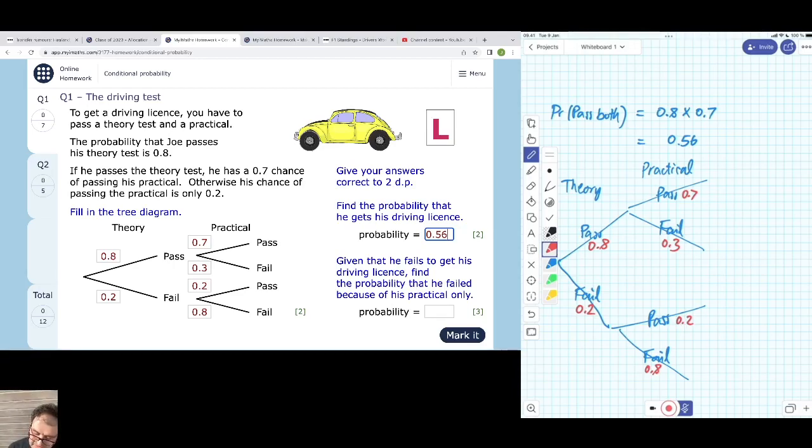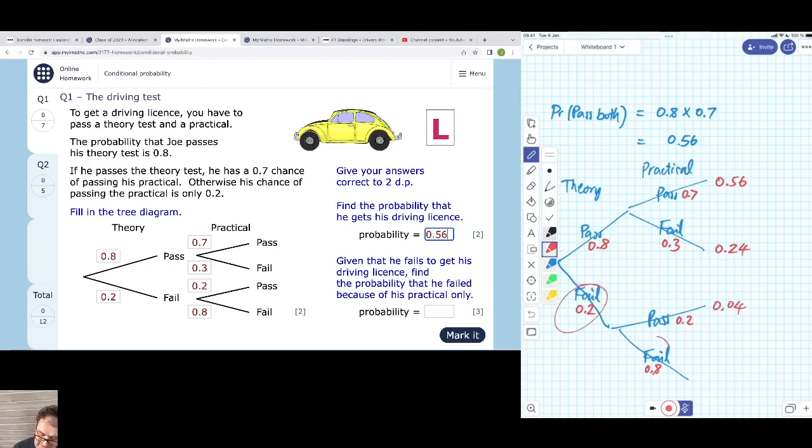So pass pass is 0.8 times 0.7, which is 0.56, as we saw. Pass fail is 0.8 times 0.3, which is 0.24. Fail pass is 0.2 times 0.2, which is 0.04.